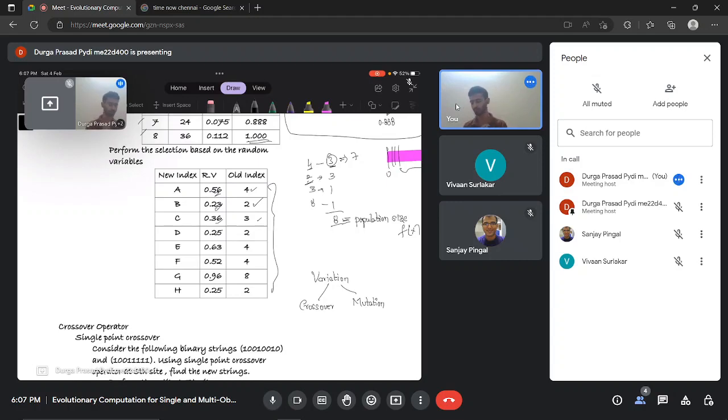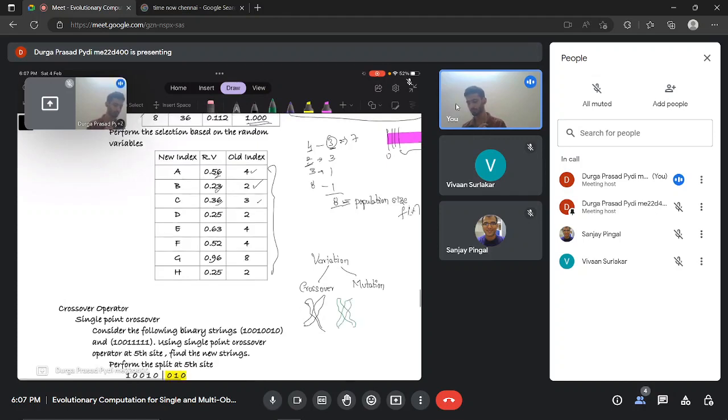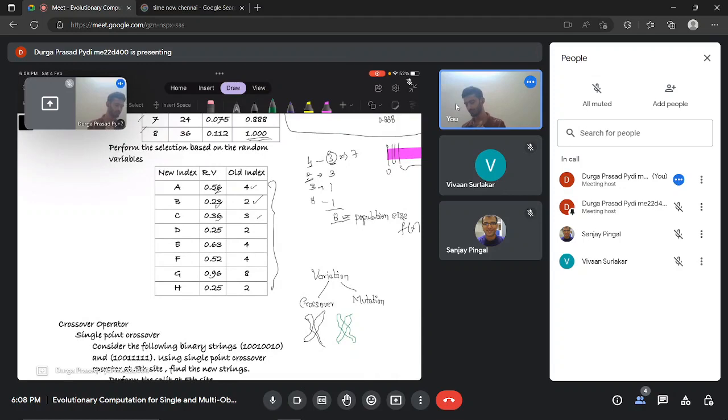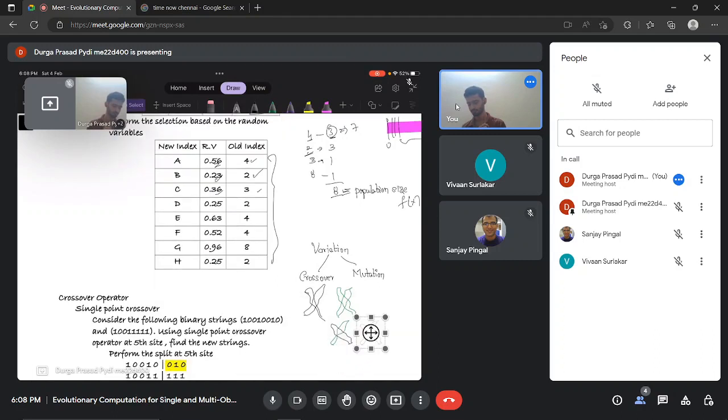So if you have one chromosome here, another chromosome here, a different one, I'm just using a different color. When both of them combine, you essentially get a mix of both of them. Something like this.